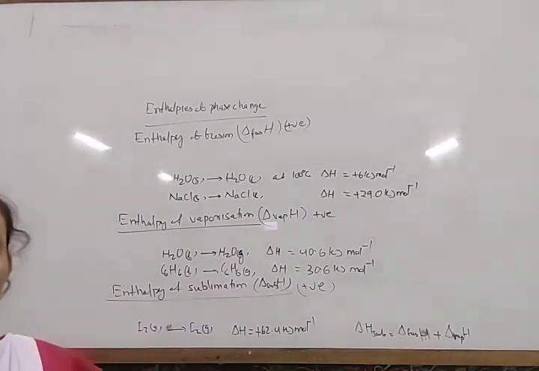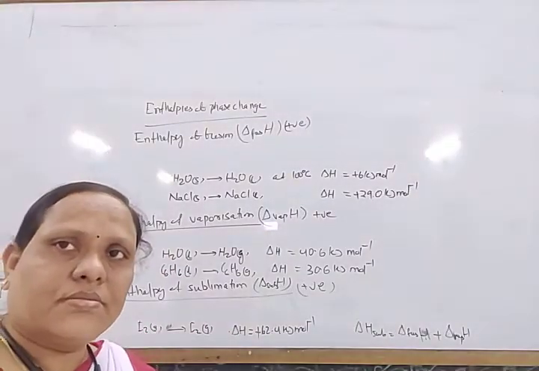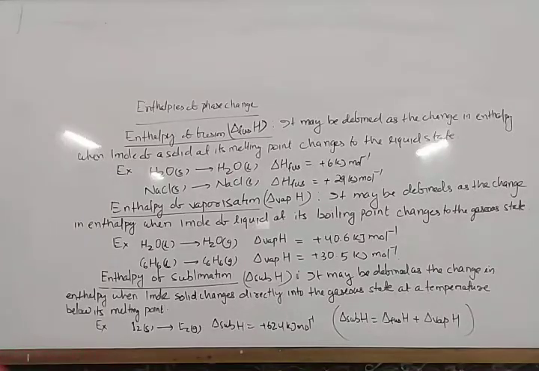Now note down these points. Enthalpy of fusion may be defined as the change in enthalpy when 1 mole of solid at its melting point changes to the liquid state. Enthalpy of vaporization is the change in enthalpy when 1 mole of liquid at its boiling point changes to the gaseous state.